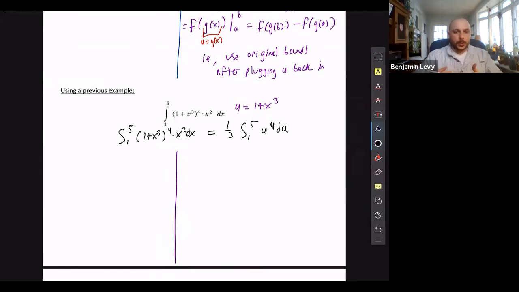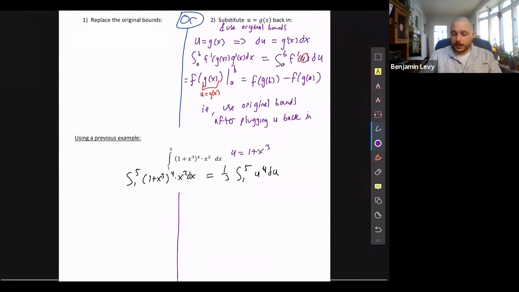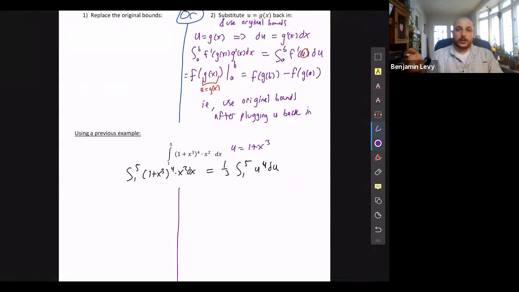When you actually plug the numbers in is when the either-or situation comes up. If you want the details, look up above at the first example we did. But if we now want to integrate this thing, what option 2 says on the top here is just do the integration, plug u back in, and then just plug the numbers in.